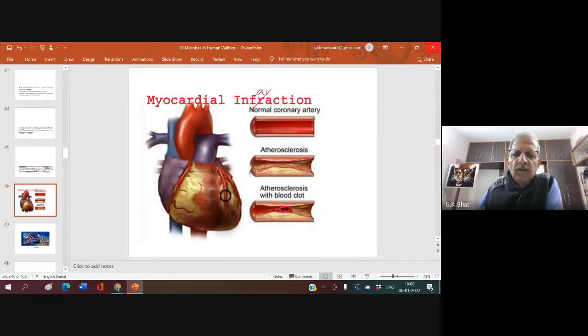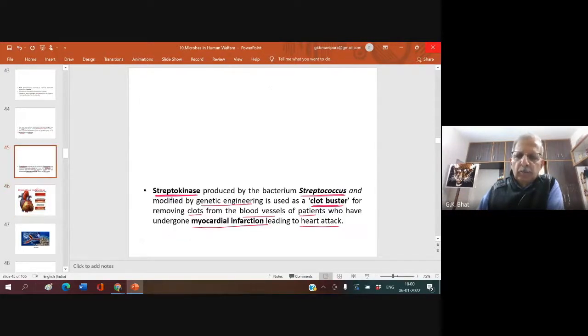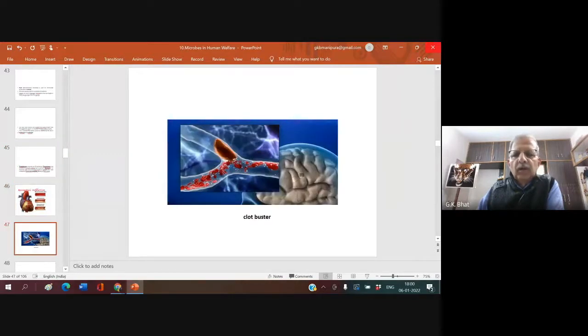So these are cleared by making use of streptokinase produced by Streptococcus bacteria. Look here. This is the clot you have. And this clot buster makes this clot into tiny particles which are taken away in the flow of blood.